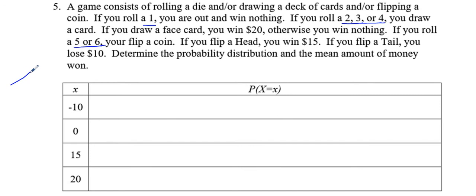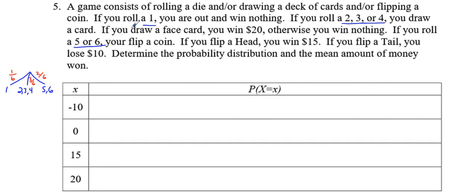So in the first round, there's 3 outcomes. You can roll a 1, you can roll a 2, 3, 4, or you can roll a 5 or a 6. So the probability of rolling a 1 is 1 over 6. The probability of rolling a 2, 3, or a 4 is 3 over 6. And the probability of rolling a 5 or a 6 is 2 over 6.